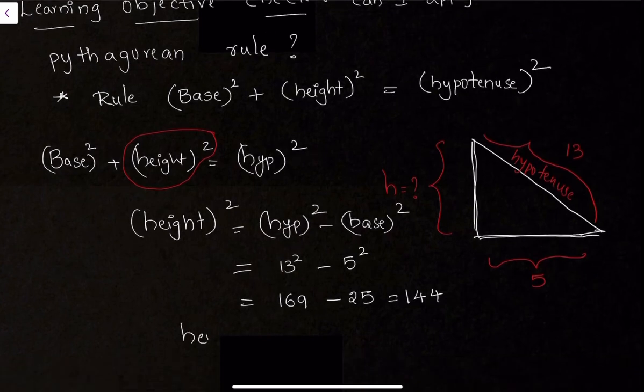Height equals under the root 144, which is equal to 12. So height is equal to 12. That is the answer. I may ask you for height, I may ask you for base, I may ask you for hypotenuse. Anything can happen in the exam. So please be prepared for any of the three sides I ask you.